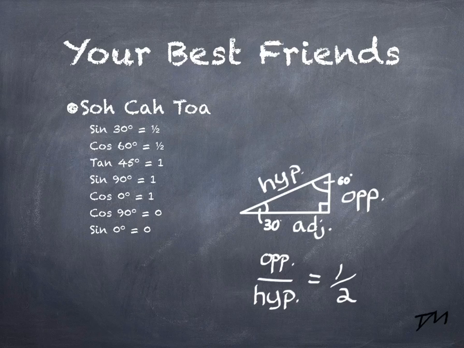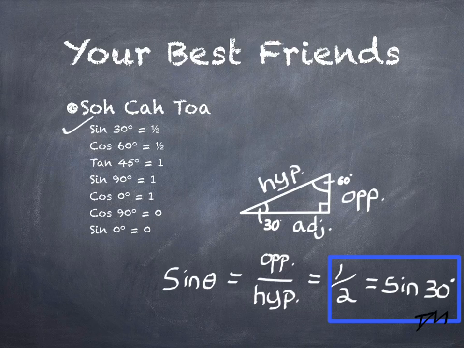But we know opposite over hypotenuse is equal to sine theta. So sine theta, when theta is equal to 30 degrees, is equal to 1/2, meaning the opposite, say the rise of the ramp or the rise of the ski slope at 30 degrees from the horizontal, is half the length of the slope, half the length of the hypotenuse. So you should memorize that sine of 30 degrees is equal to 1/2.